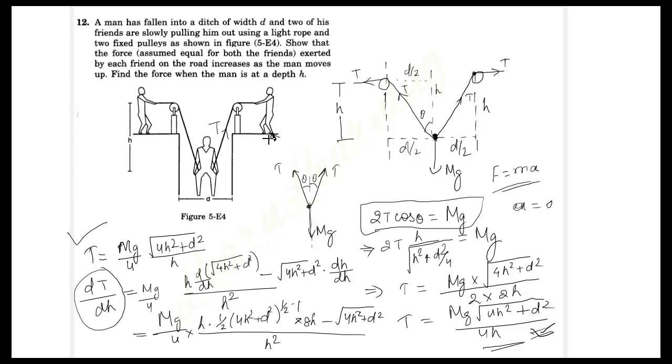So this man is pulling the ground backwards, pushing the ground forward, and the ground is pushing the man in this direction so that this person can actually pull the rope. So the man has to apply some force on the ground so that he can pull the other man.